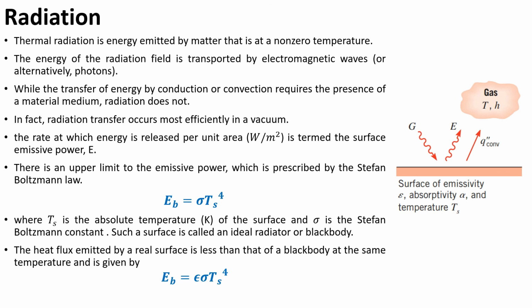Remember, a real body emits radiation less than the black body at the same temperature. This is the emissive power emitted by a black body, and this is the emissive power emitted by a real body.